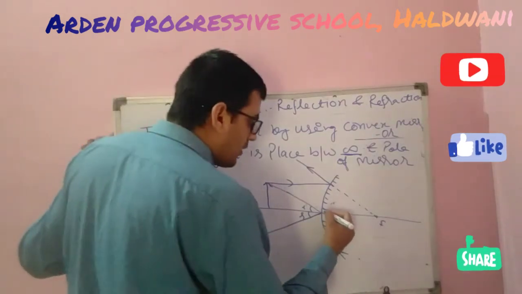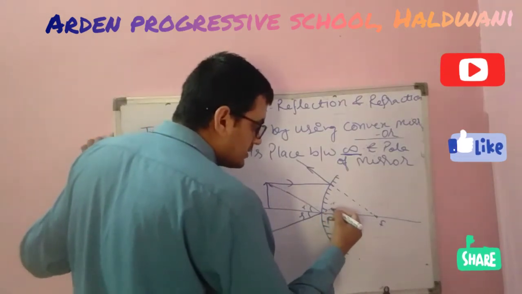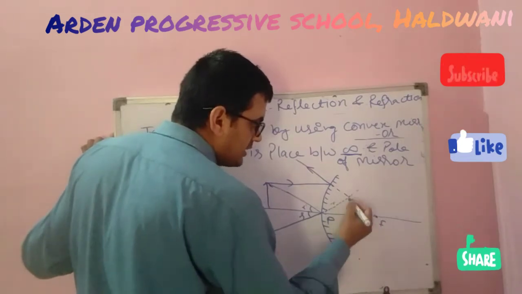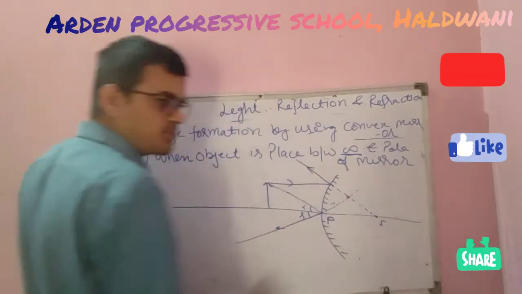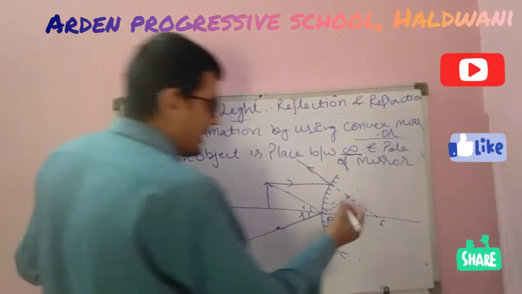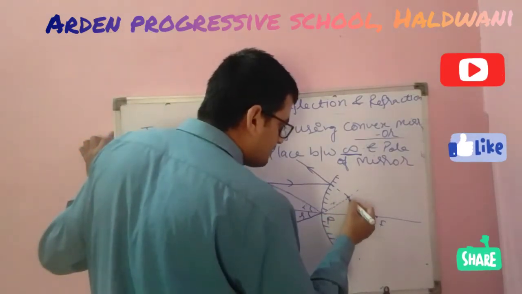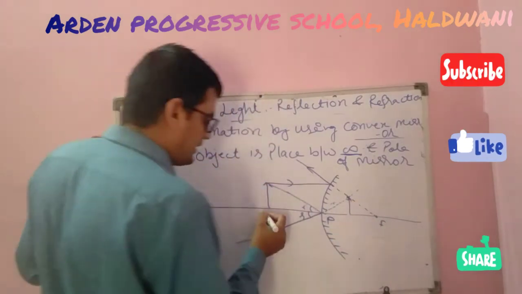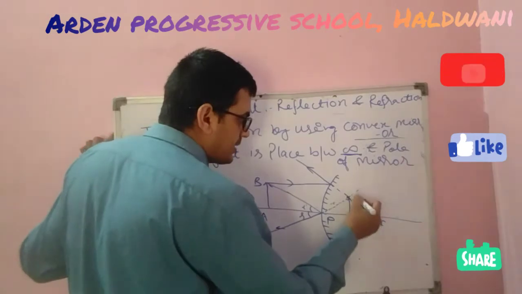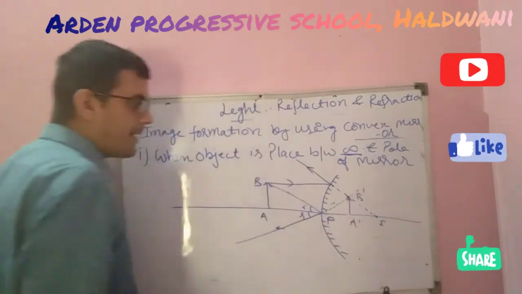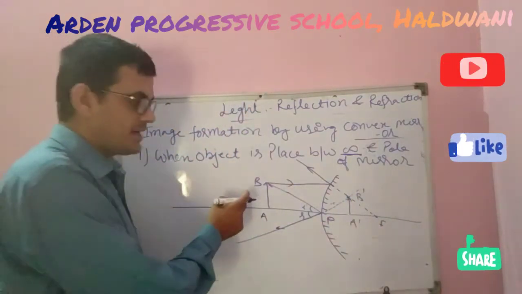And when we draw this line to the back side, these two lines intersect at this point. Here the image will be formed. If AB is the object, then A dash B dash is the image of this object.